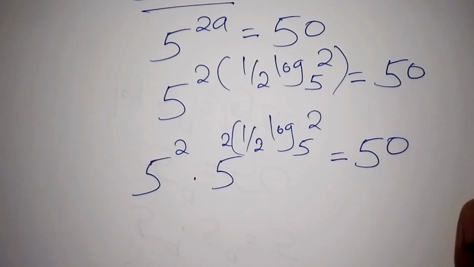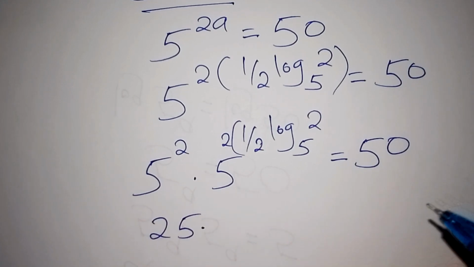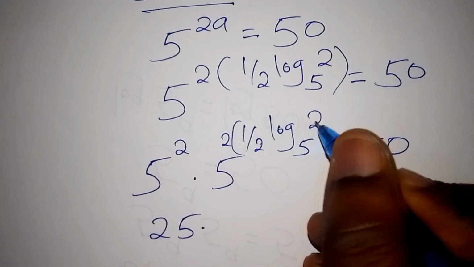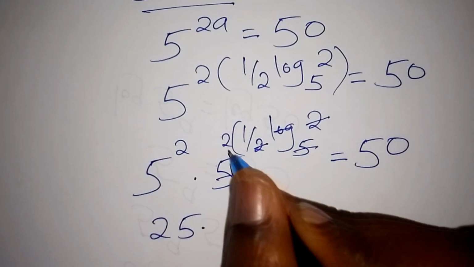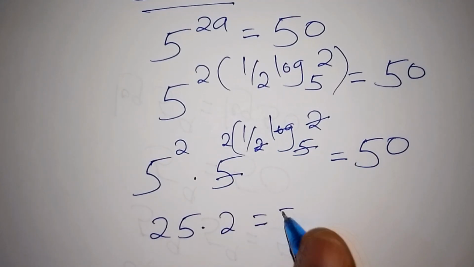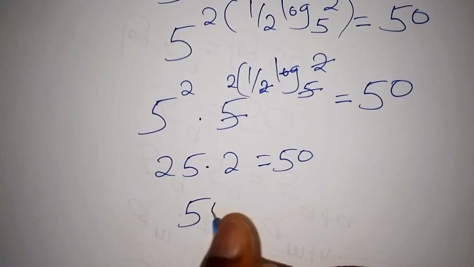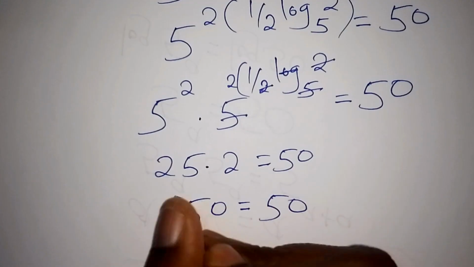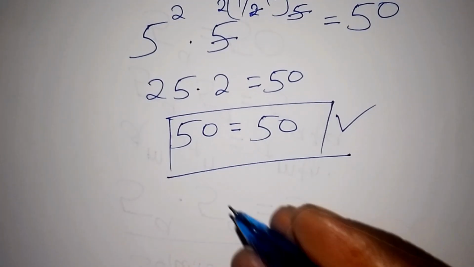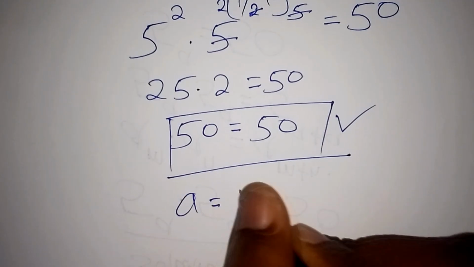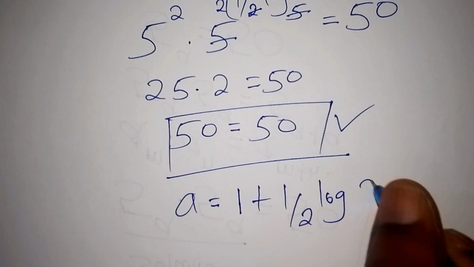So 5 to the power of 2 is 5 times 5, that is 25, multiplied by, the log and log cancel, so the log to the base of 5 by 5 cancels, so we remain with 2, is equal to 50. So 25 multiplied by 2 is 50, which is equal to 50. It means we are very correct when we say that our value for a is equal to 1 plus a half the log of 2 to the base of 5.